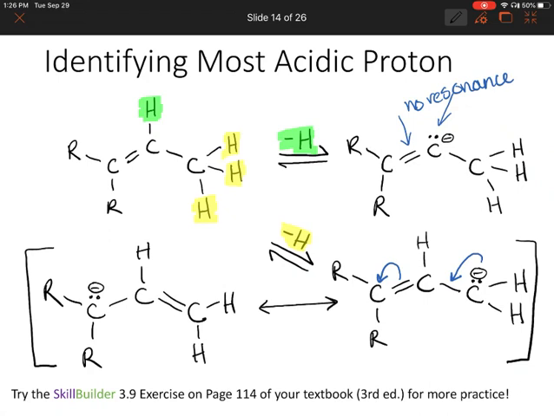Okay, so there is resonance for that second conjugate base, which means it's more stable, right? So if the second conjugate base is more stable, which hydrogen is more acidic? The green hydrogen or the yellow hydrogen? The yellow hydrogen is more acidic.